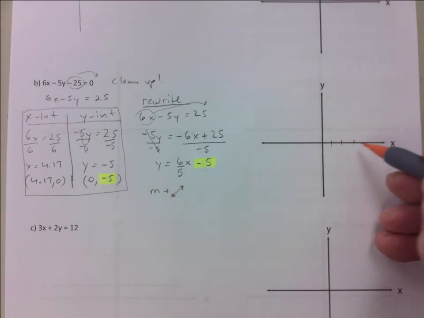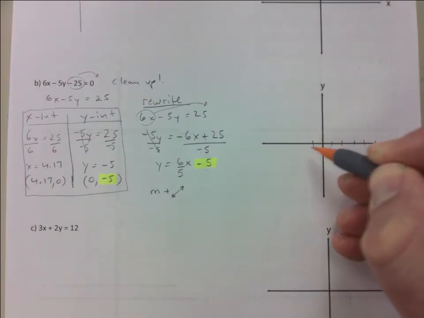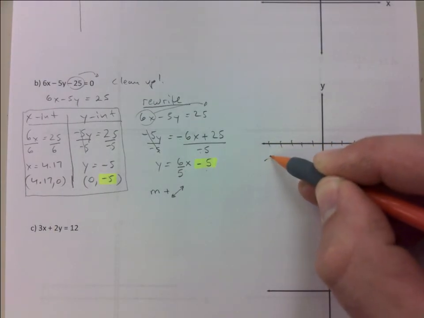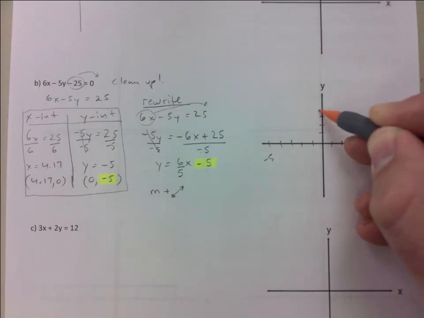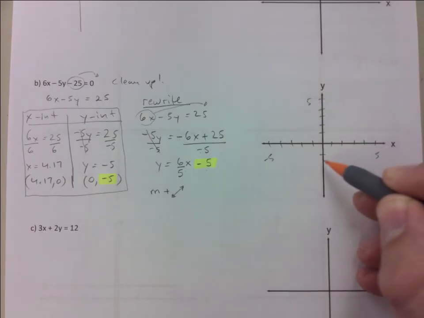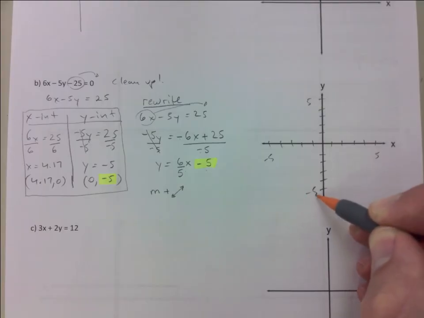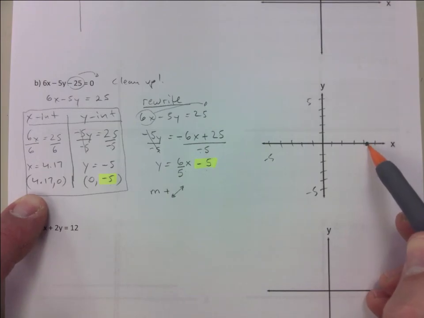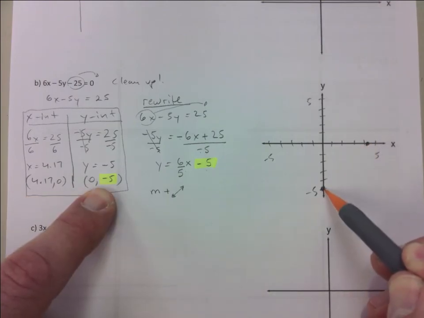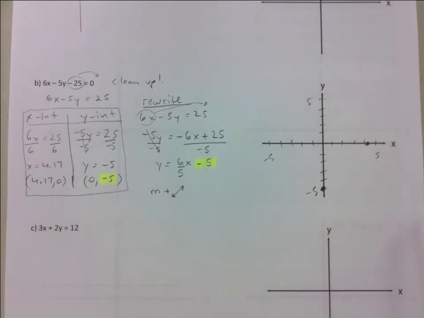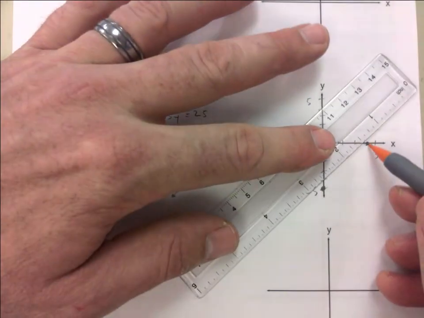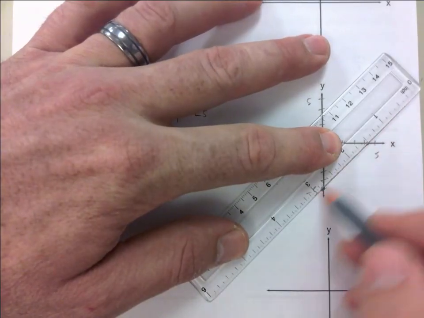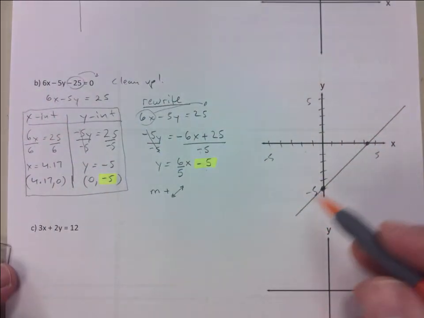So 1, 2, 3, 4, 5. So 4.17 is right about there. 0, negative 5 is right here. And you just connect those. You can tell that my line is going up from left to right.